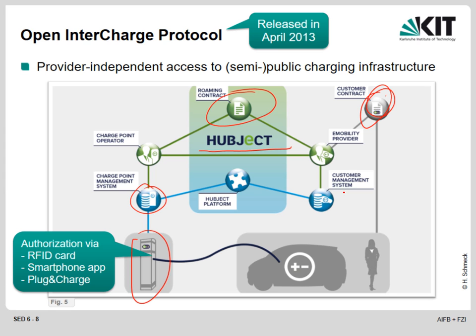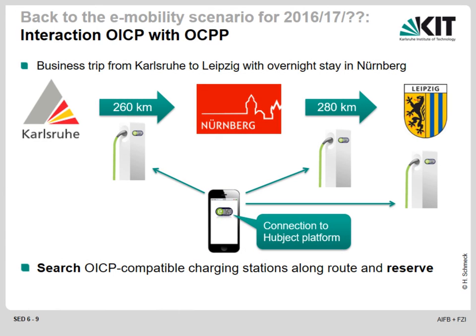So you have a customer management system behind that, so many different systems have to communicate here. That's this third layer. And then we get back to our trip that we want to make.